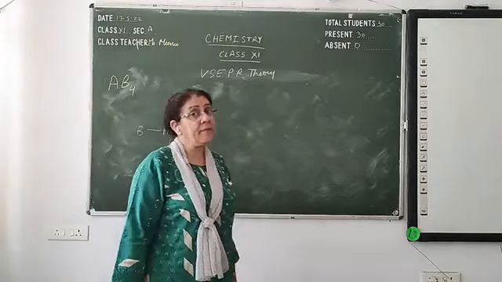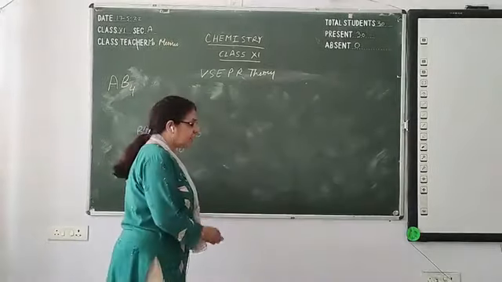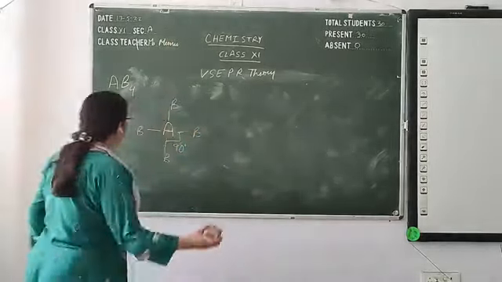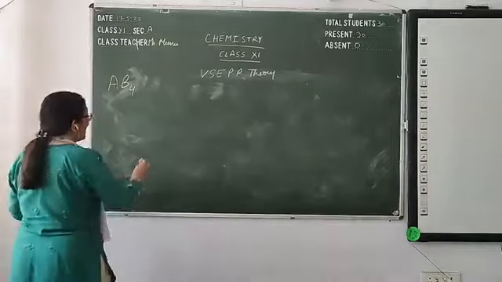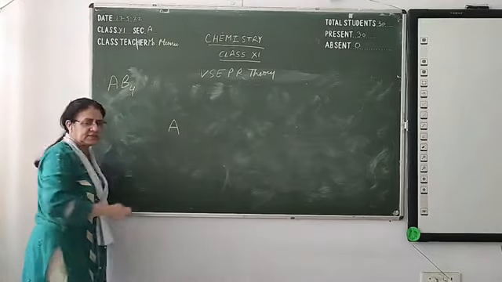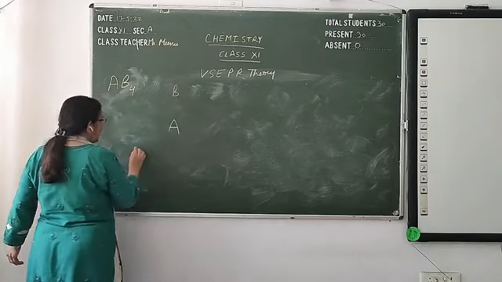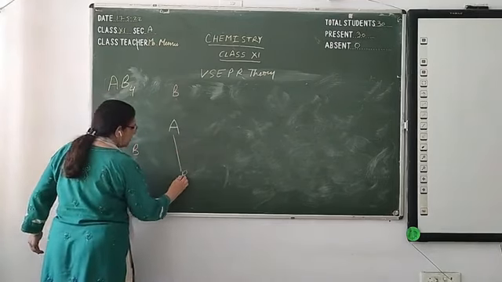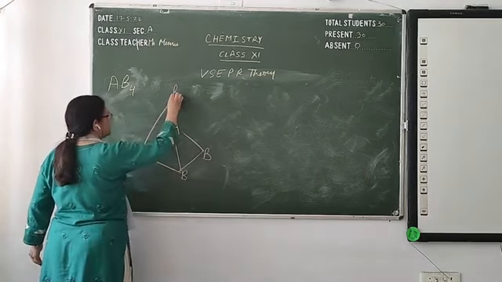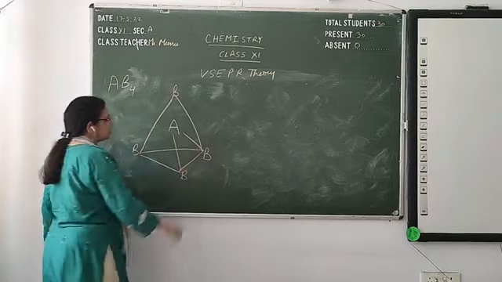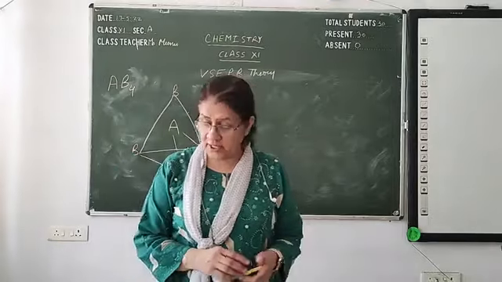However, AB4 molecule takes up a 3-dimensional shape, and the AB4 molecule is arranged in a tetrahedral manner, A in the center and B atoms arranged in a tetrahedral manner. Please see this shape now. This is the tetrahedral shape of AB4.